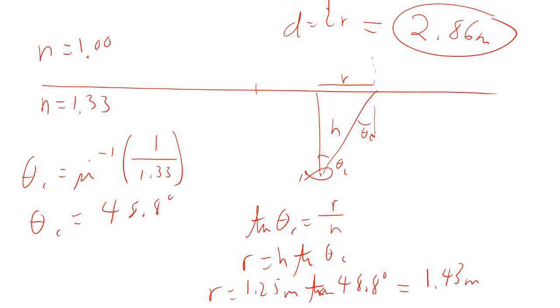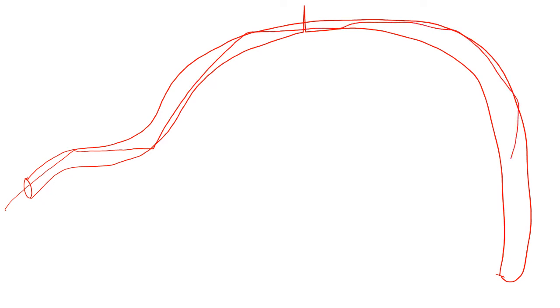There are a couple of other places we see total internal reflection. Another place would be if we had a fiber of some sort, a glass or plastic or acrylic fiber. When light comes in here, it hits there, total internal reflection, total internal reflection, and so on, and then comes out the other end.